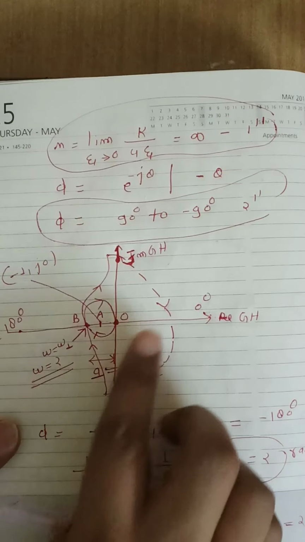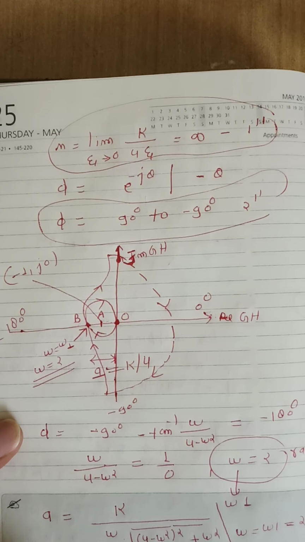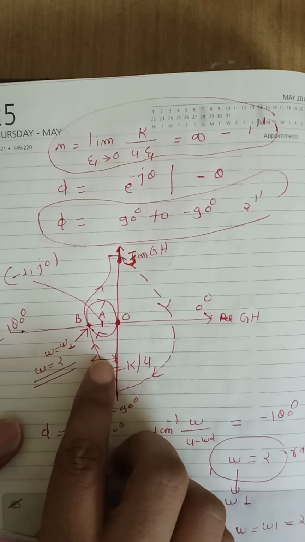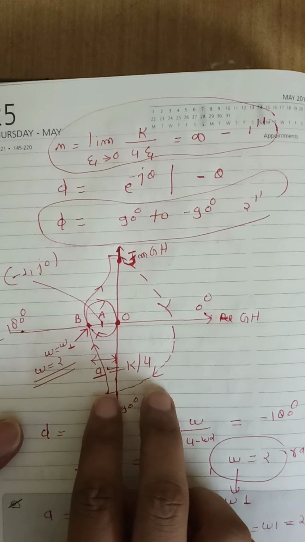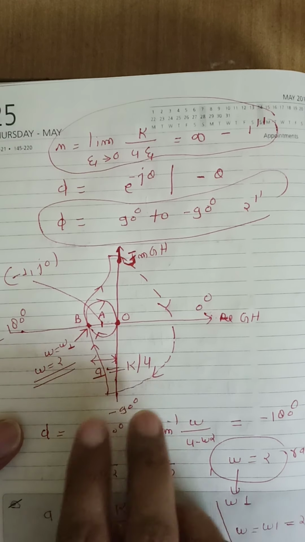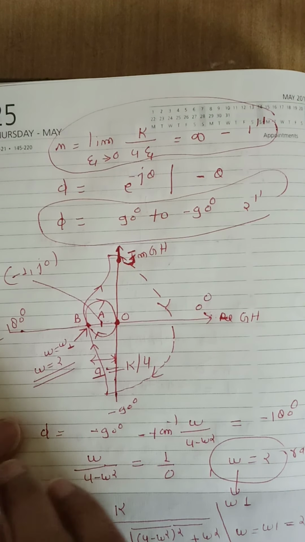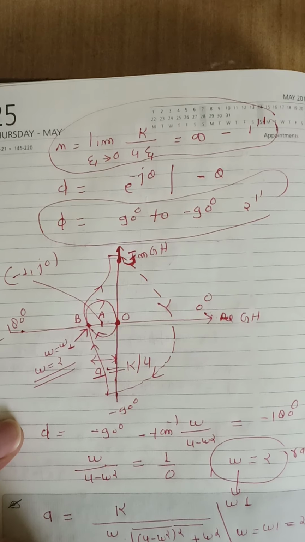So we have N equal to 2, the number of encirclements of minus 1 comma j0 by the Nyquist plot of the open loop transfer function. We have 2, because both directions are clockwise.